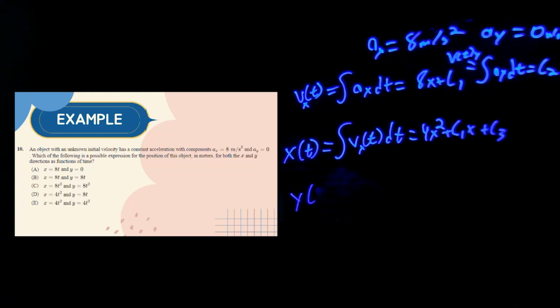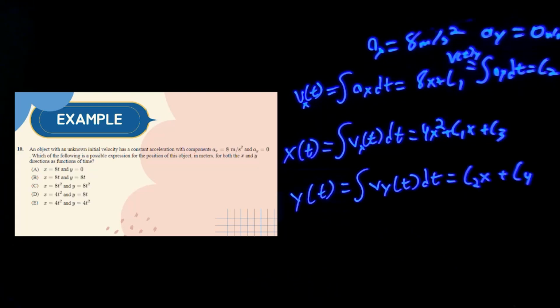And then for y, it would be the same thing, but with the y component of this velocity vector, and you're getting C2t plus C4. So we have some constants here that we need to rule out.